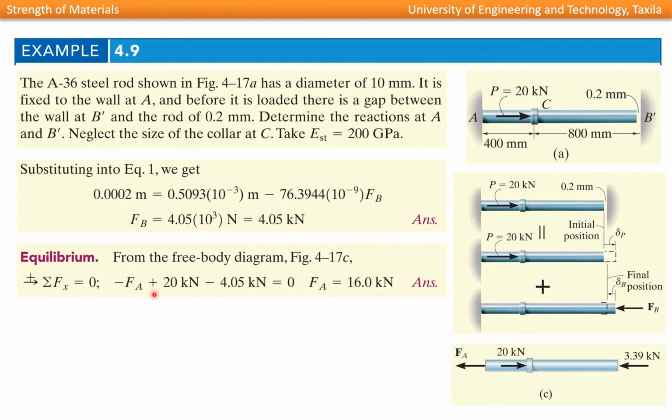The equilibrium equation states that the summation of all these three forces must be equal to 0. Here we have minus FA, because it is acting towards the left, and we have considered the right direction positive. So minus FA plus 20 minus 4.05 kilonewton equals 0. We have one equation and one unknown, so from here we can determine the value of FA, which is equal to 16.0 kilonewton.